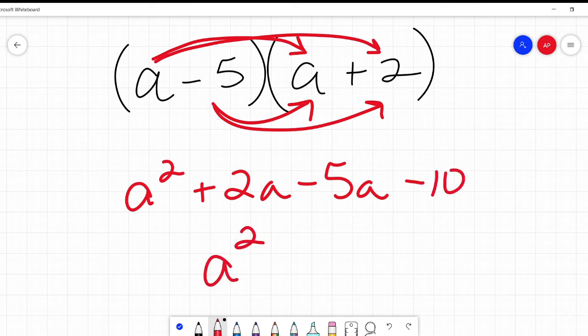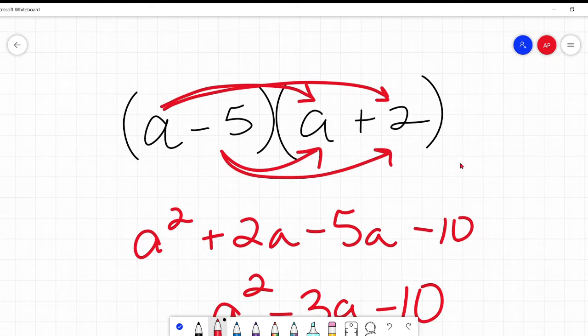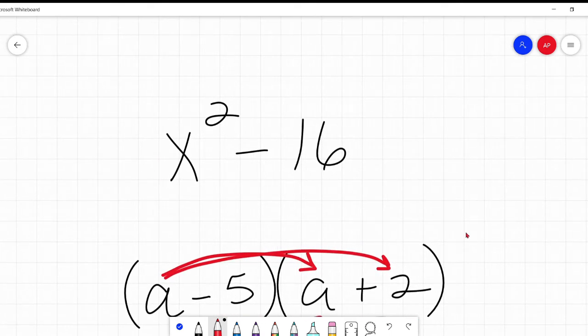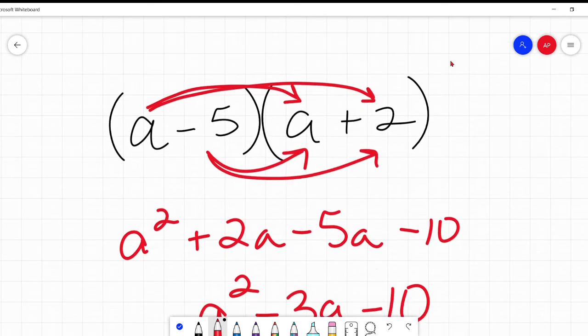I have an a squared, I have an a, and I have just my plain number. That's the pattern. So how on earth can I factor something like this where there's only two terms?